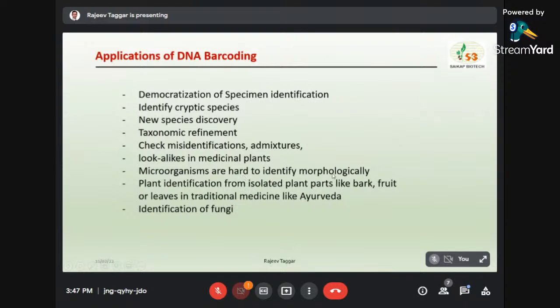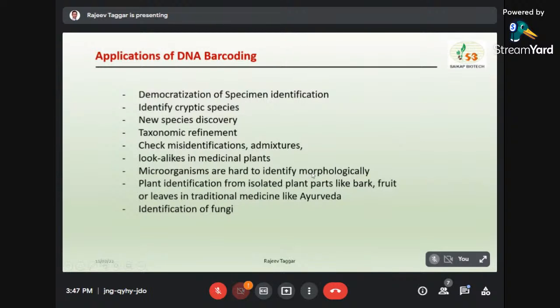Microorganisms, like I said, morphologically, bacteria, fungi, it's just a blob, just a tiny dot that you see in the microplate. It's all white and white and white. Like this friend of mine, an assistant professor at Chandigarh University, was discussing her PhD thesis.